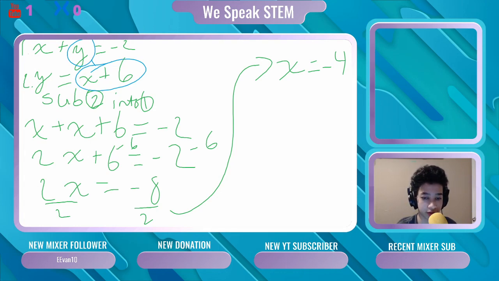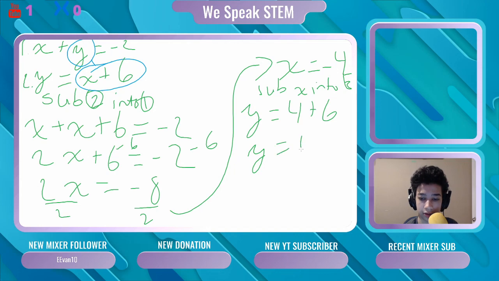So now we want to sub x into equation 2. So we're going to get y equals 4 plus 6. And then, of course, 4 plus 6 is 10. So y equals 10.